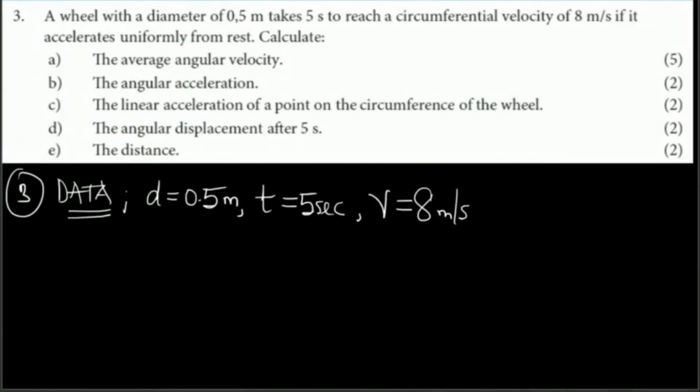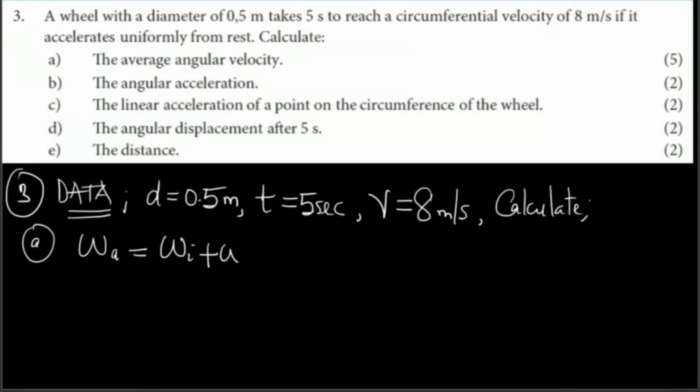So the initial velocity will be 0. The question says that you must determine the average angular velocity. The average angular velocity is when you add both the initial velocity and the final velocity together and divide by 2. You are finding the average.